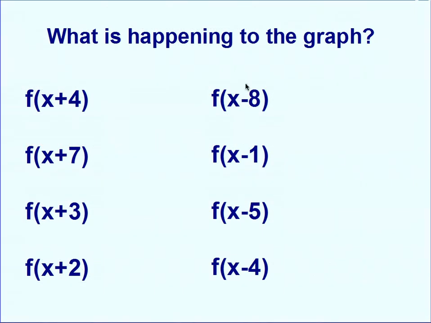So again, if I see transformations in function notation, it's very fast to know which graphs are going to shift left and which graphs are going to shift right. And that can help you, again, graph this type of transformation quickly and easily.